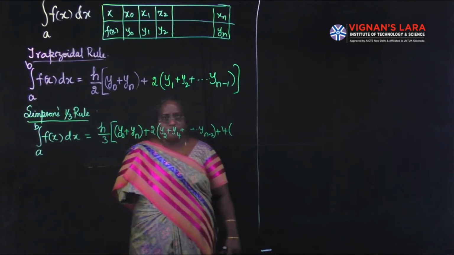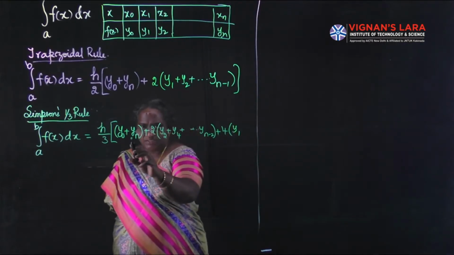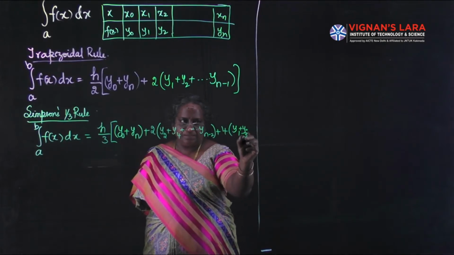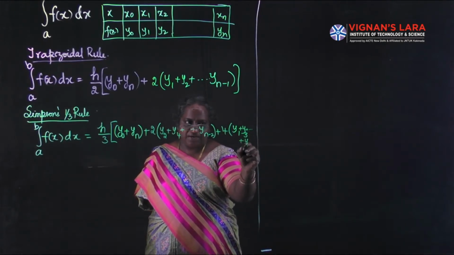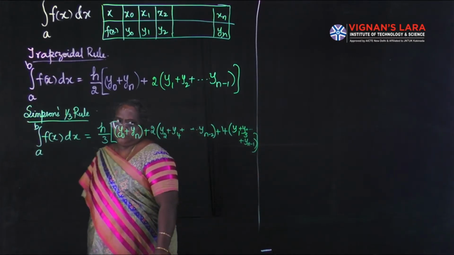If I remove y naught and y2, the remaining are y1, y3 and so on up to yn minus 1. That is Simpson's 1/3 rule.